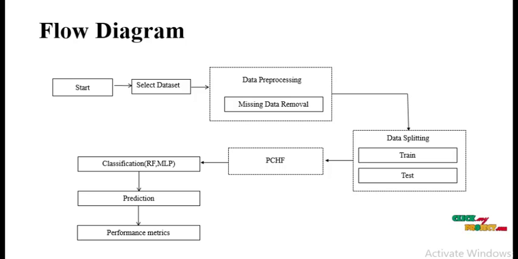After that we are going to classify the data using random forest and MLP. After classifying we are going to predict using any one of these algorithms, and also we are going to calculate the performance metrics such as accuracy, precision, F1 score.